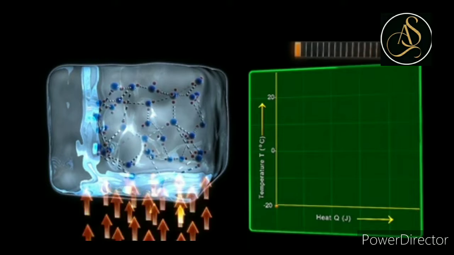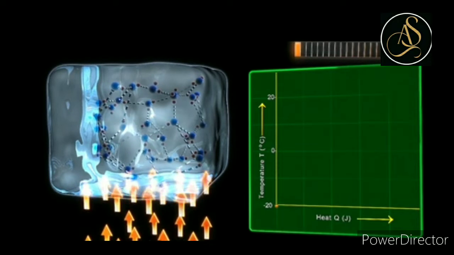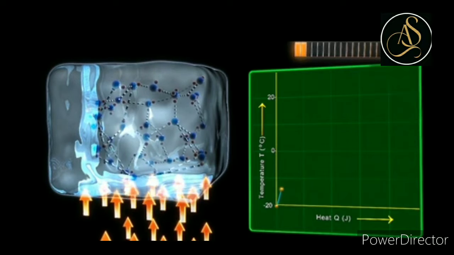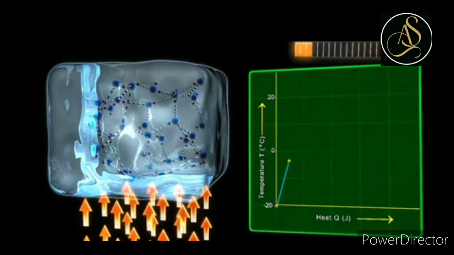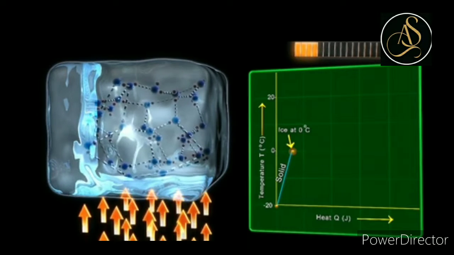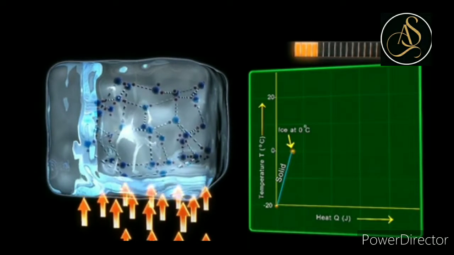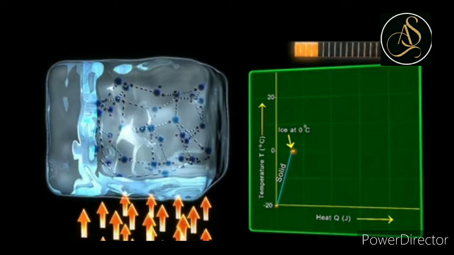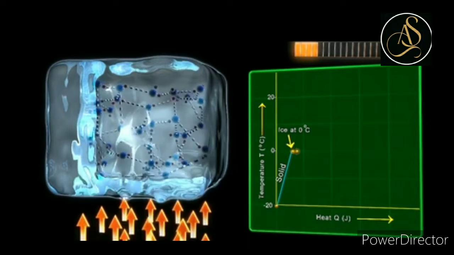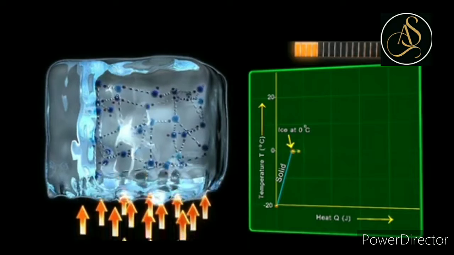However, on supplying heat energy, the molecules start to vibrate vigorously and the temperature gradually rises up to 0 degrees Celsius. At this temperature, the ice starts to melt, and what's surprising is that even though heat energy is being supplied continuously, the temperature remains constant.